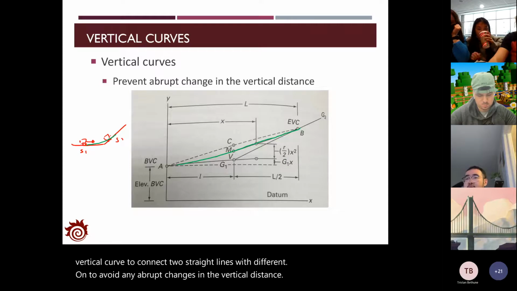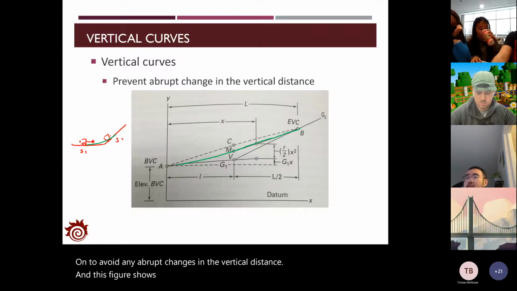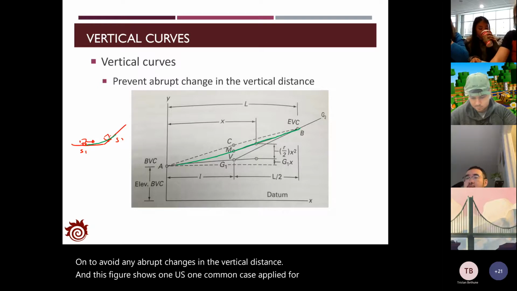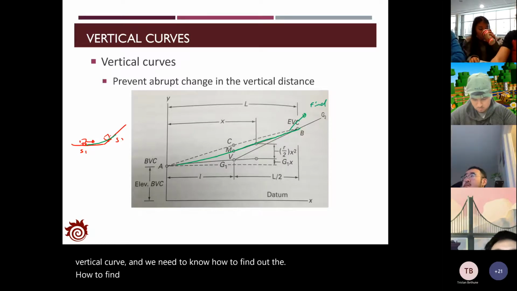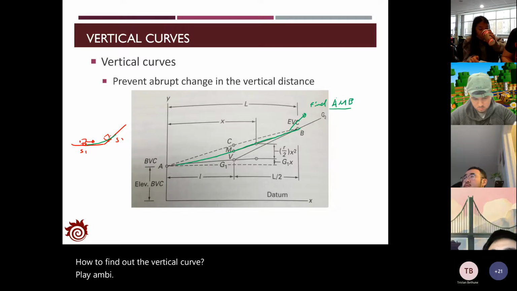And this figure shows one common case applied for the design of the vertical curve. And we need to know how to find out the vertical curve A and B. So how to find out this curve? To do that, we actually have multiple methods.